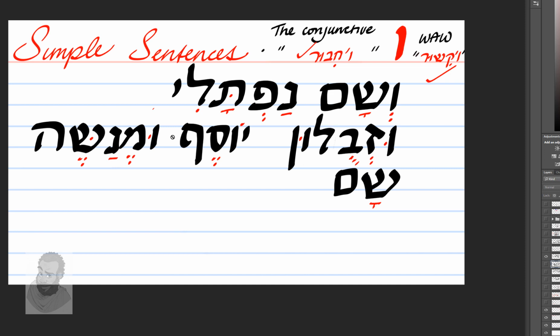Wesham Naphtali. And there is Naphtali. Okay. Uzevulun or Uzvulun. Say two ways. Uzvulun or Uzevulun. Okay. Yosef u'Menashe sham. So this says, and there is Naphtali and Zebulun.